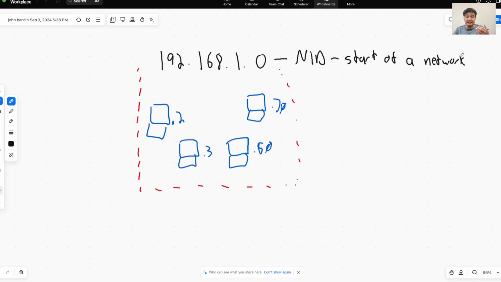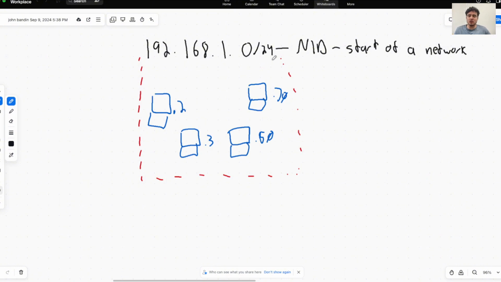Well, we always have a CIDR or a subnet mask or a prefix length, all synonymous, okay? So let's say this prefix length or subnet mask is /24. So what does that mean?